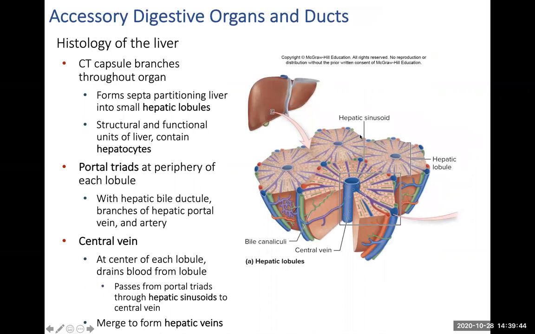The liver is very important. The liver, in the context of the digestive system, of course, makes and secretes bile and then moves that bile to the gallbladder so that the gallbladder can store and secrete bile. If you look at liver tissue itself, it's broken into what we call lobules. And then at the corner of each lobule, we have what are called portal triads. The portal triads are made up of an artery, a vein, and a bile duct.